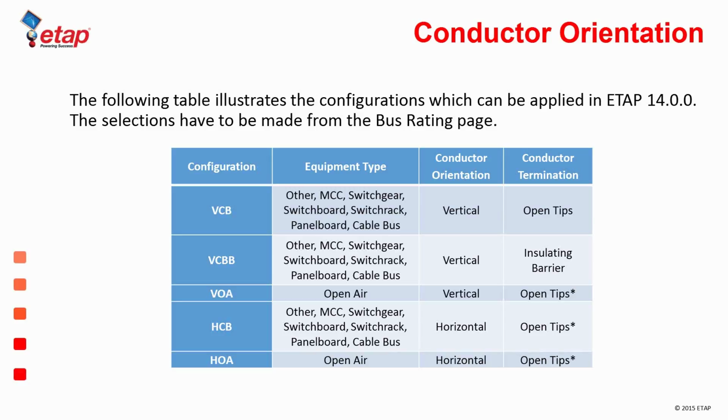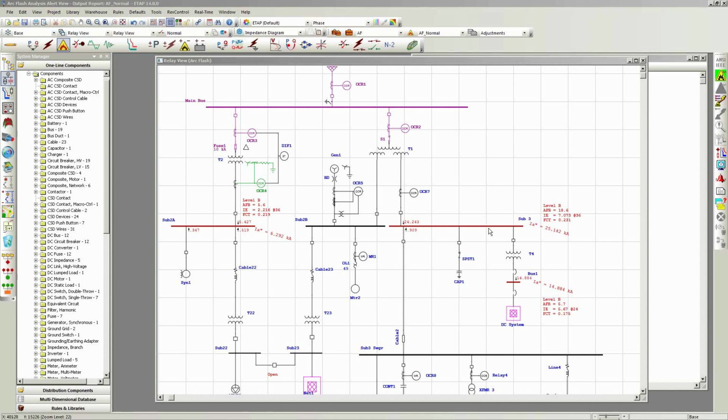Let me go over, for example, how to specify whether a conductor is vertical or horizontal, and what the conductor termination is. So I will come back to the presentation, but for example, for sub 3, let's say sub 3 was not your standard vertical in box configuration.